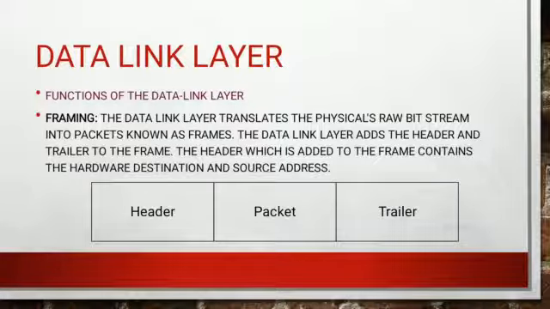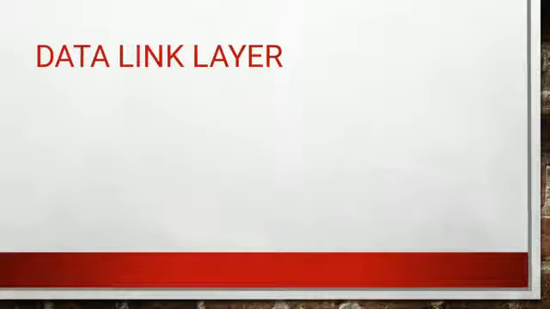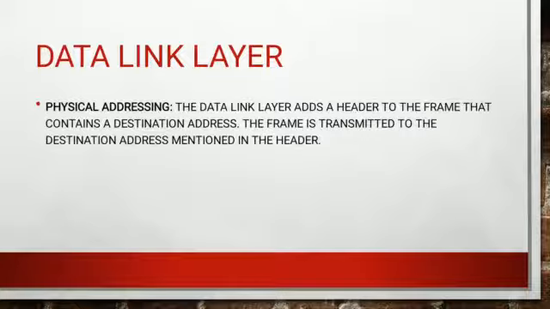So what do the frames contain? The header will contain the source address and the trailer will contain the receiver's address. Next, physical addressing. This is the address we are already framing up with the data, header and trailer. That gives the unique addresses of the source and destination, which is nothing but the physical addressing.